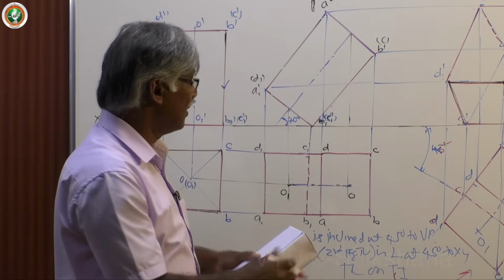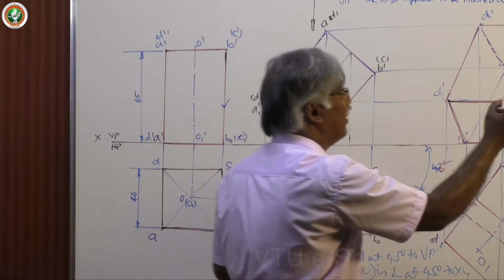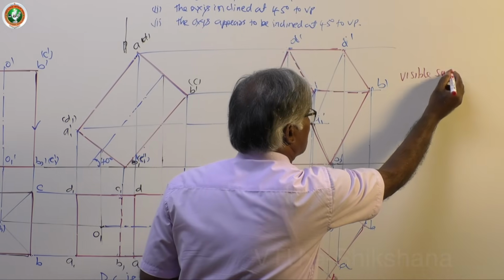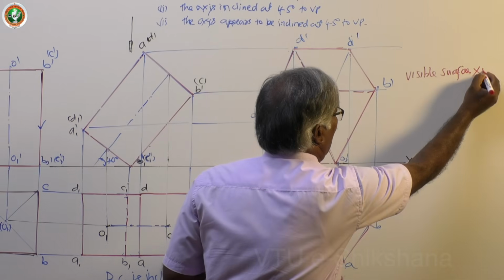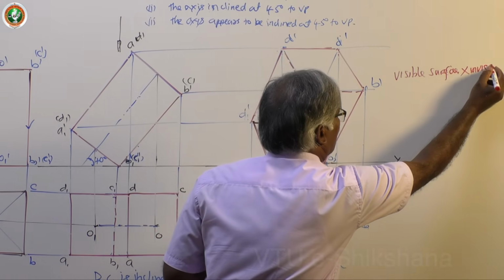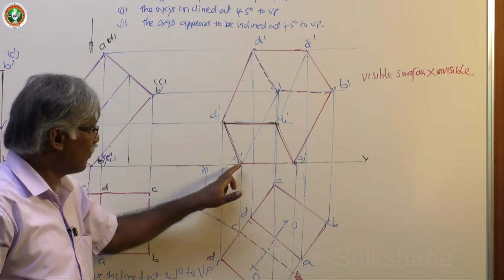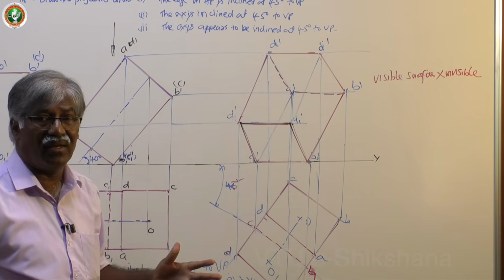That means visible surface, invisible line. It is always true. See, this is a visible surface. Any lines passing through that visible surface are not visible.